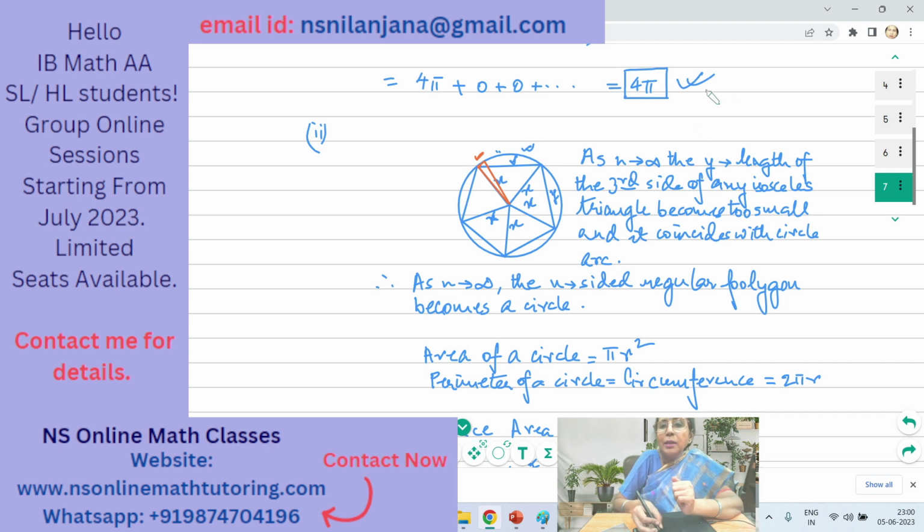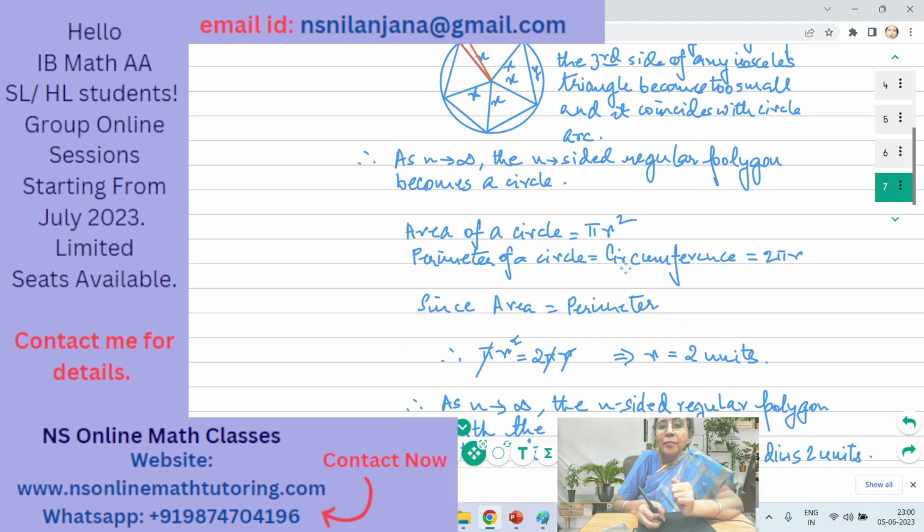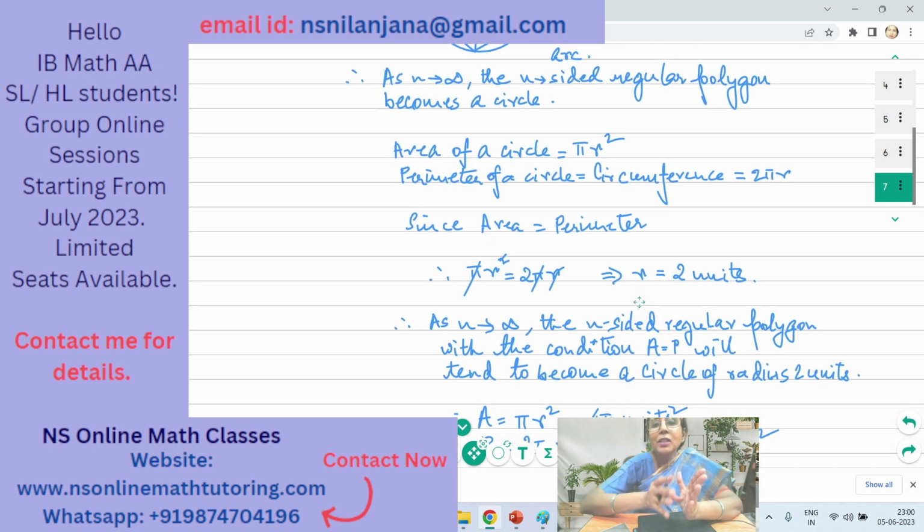And what is the geometrical interpretation of this? The meaning of this is as n tends to infinity, the inscribed regular polygon becomes a circle, and circle with condition, let me write with condition A equal to P. Because this is vital. If this is not there, then it will be a circle.